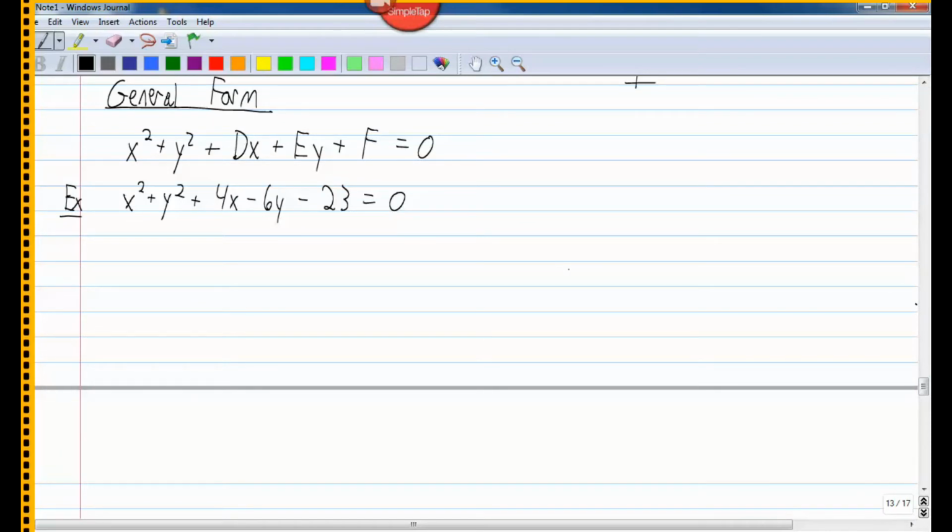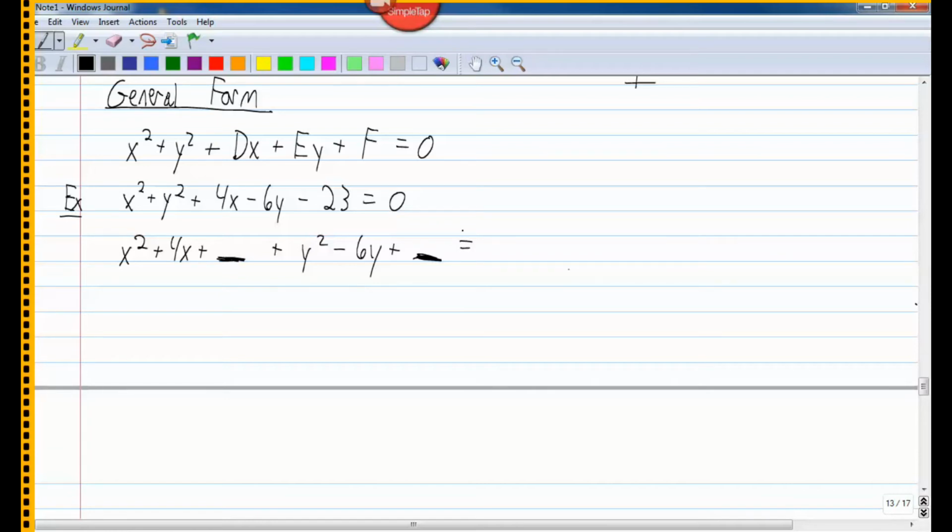We want to group the x terms together and put a plus blank. So I'm going to say x squared plus 4x plus blank. Then I'm going to write down the y terms and group them together. So plus y squared minus 6y plus blank.